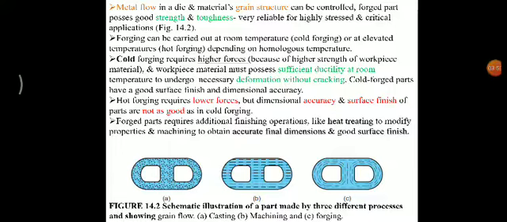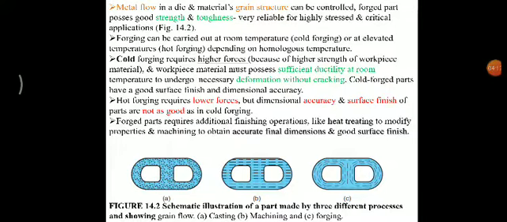Here we are not performing the forging at the recrystallization temperature of the metal. What does it mean? The grain structure will remain the same, and only its continuity will remain.